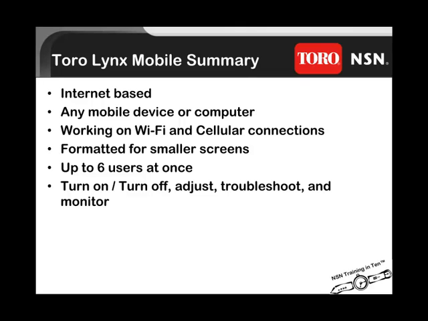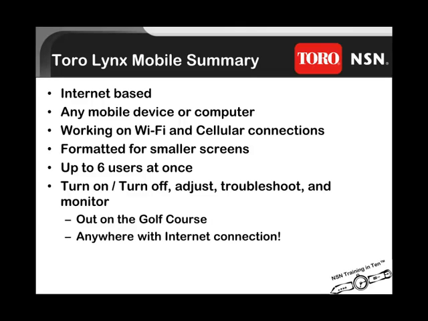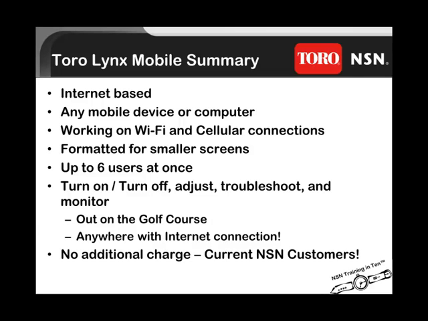You can do all of this either standing out on the course or comfortably seated in your living room watching the big game. Anywhere you have an internet connection, you have access to Lynx Mobile. Best of all, this service is provided to all current NSN supported customers at no additional charge.